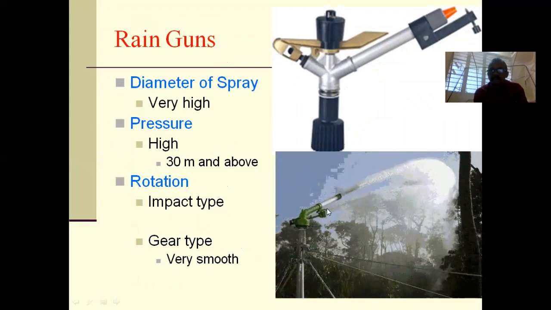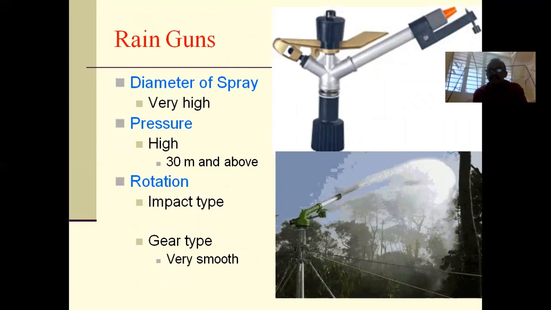This also has a smaller nozzle and a larger nozzle. And these rain guns have a very high diameter of spray. And the pressure needed is most of the time more than 30 meters. Nowadays, even 40 meter to 60 meter pressure rain guns are available in the market.